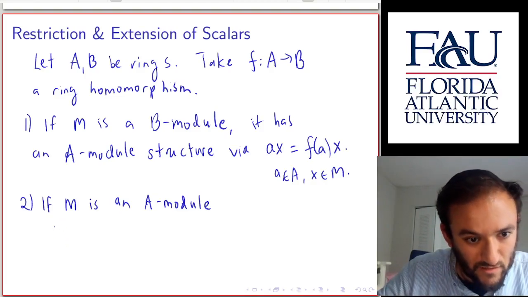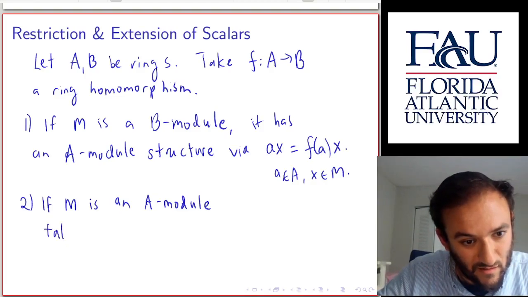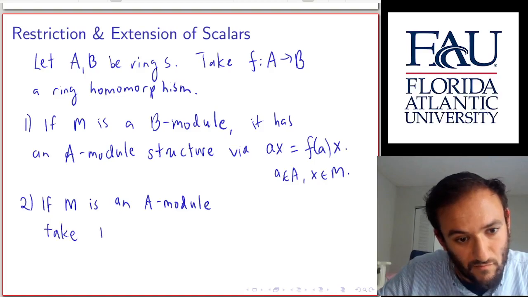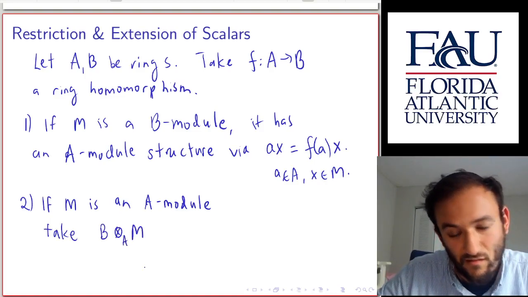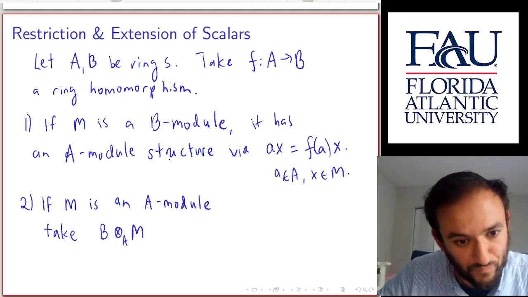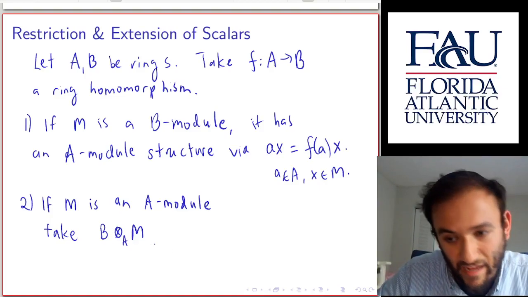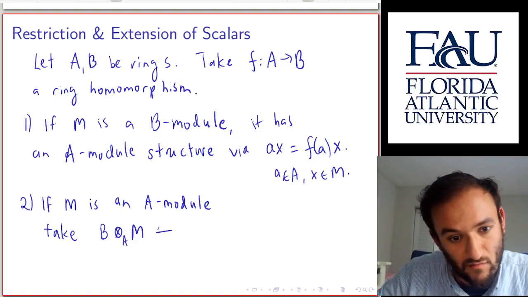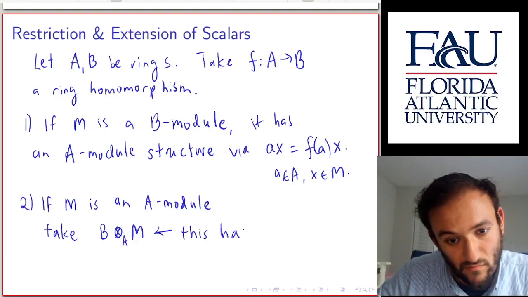So we take B tensor product over A with M. Tensor product over A with M. And now this has a B module structure.